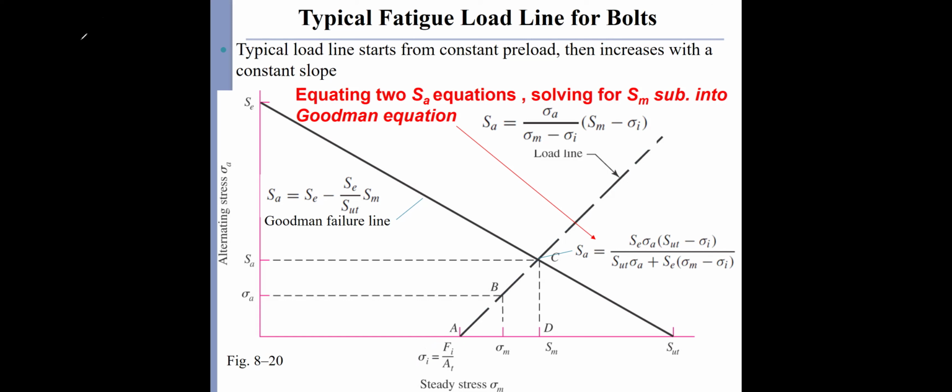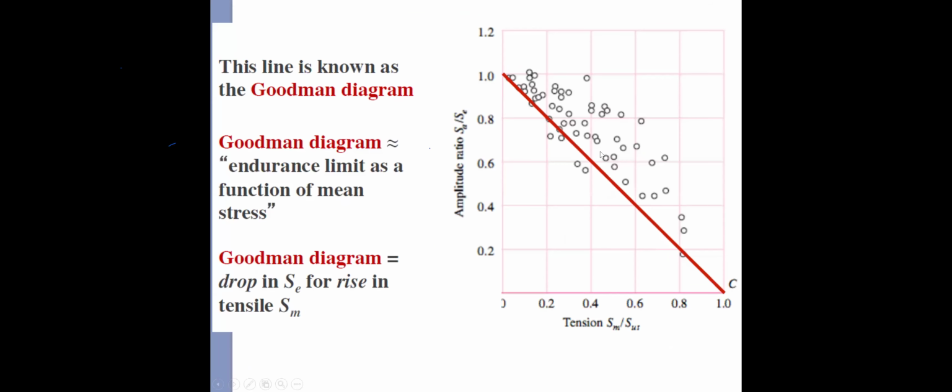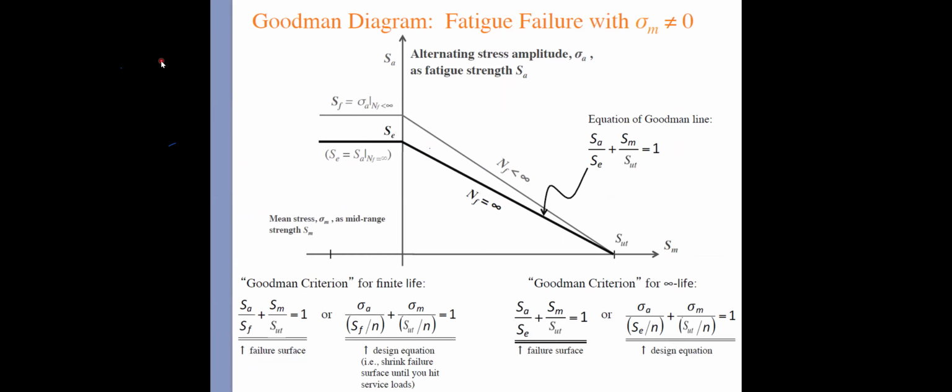We already know that, so this is the linear line for this Goodman. Therefore, we can find the equation of the Goodman criteria.